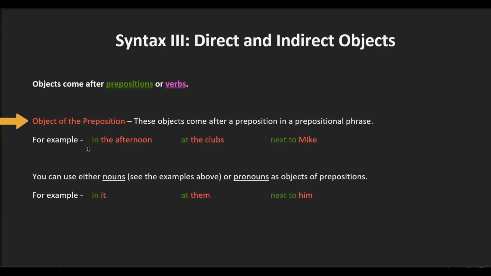Here are some examples: in the afternoon, at the clubs, next to Mike. So in, at, next to are all prepositions. The afternoon, the clubs, Mike are all objects of the prepositions.